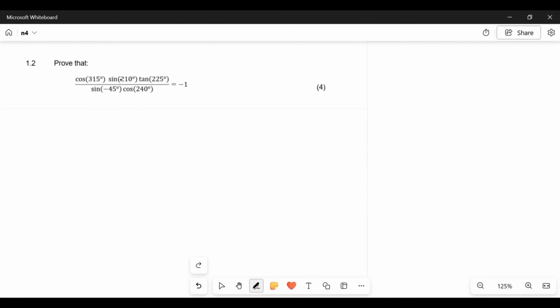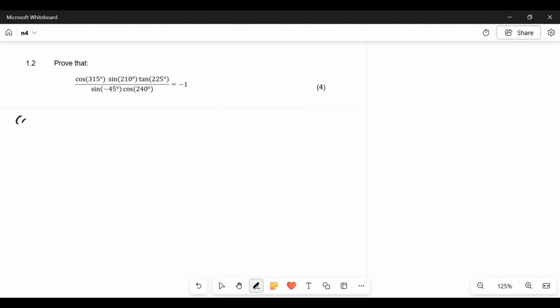Now, this is up to you. Now, how are you going to do this? You need to expand each and every trigonometric ratio there that can be expanded. Let's start with the numerator. We have cos 315. We can expand this by using the 180 rule.